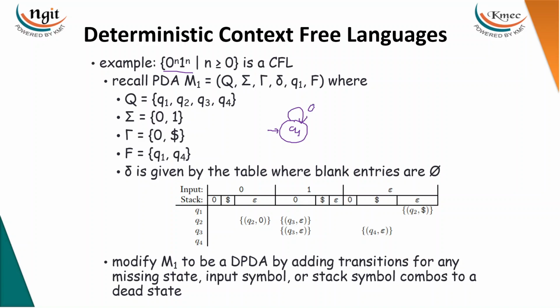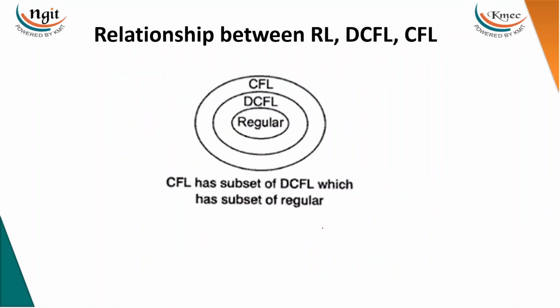So 0, right? And if the top of the stack is Z, then you can perform the push operation. In that way you can do it. And after constructing the table, check each and every cell here. So nowhere should we have more than one action for the same situation. If you have such, then we can say that the automaton is a DPDA.